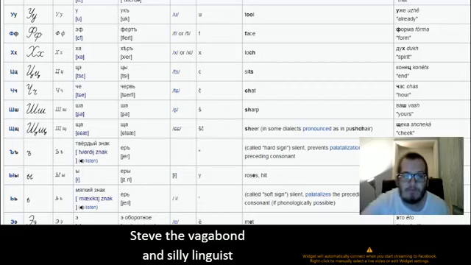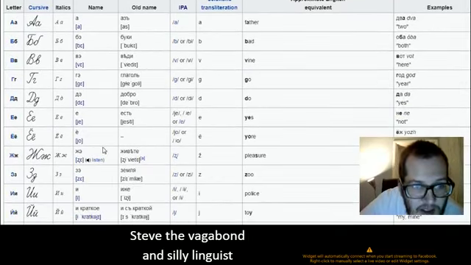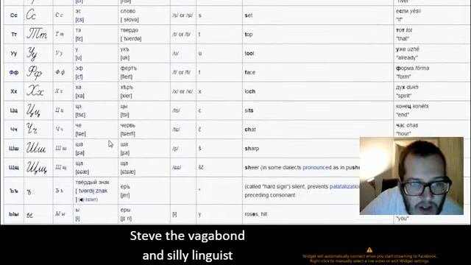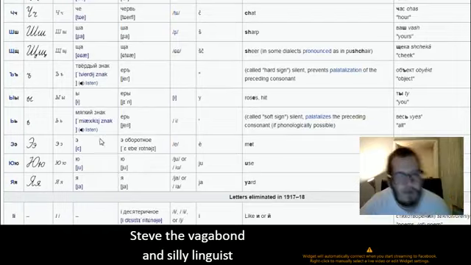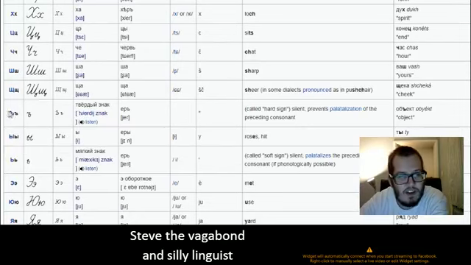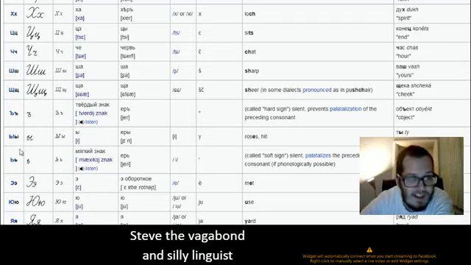So some of these characters are actually palatalized. I can't remember which one at the moment. So this one, because it's got a little stick on it, tells you this is the hard sound, and it stops the palatalization happening.